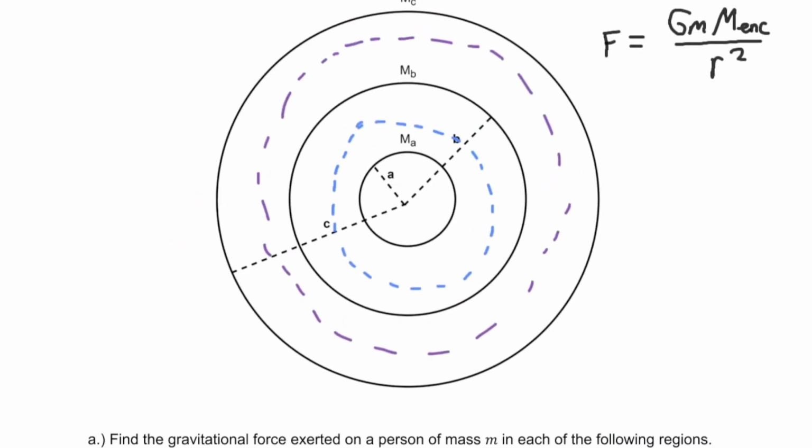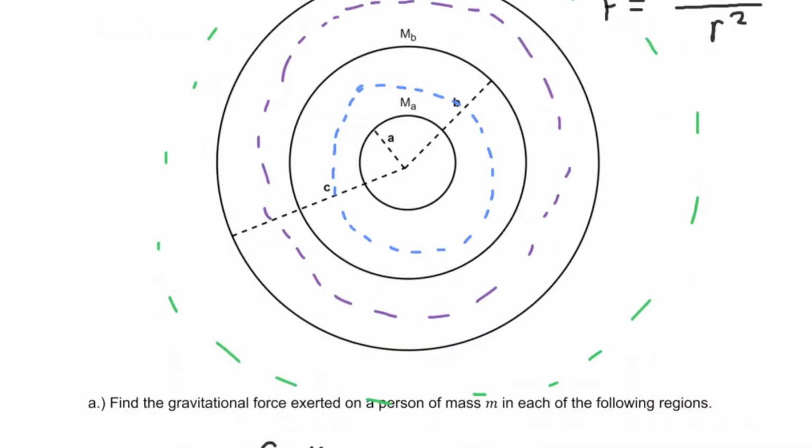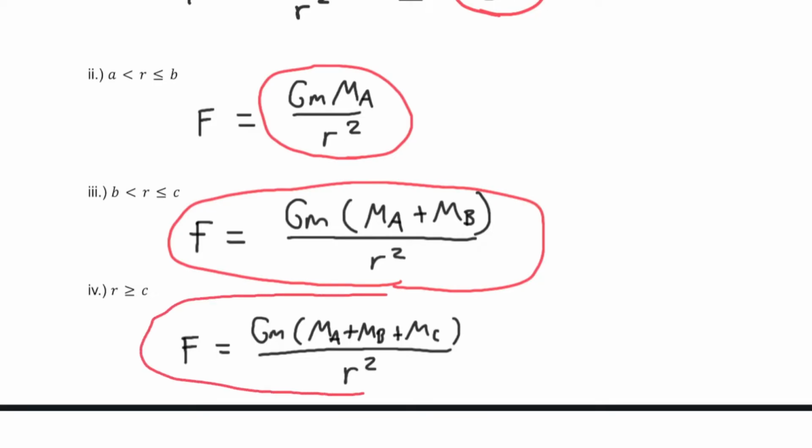And then lastly, if I go all the way out, well, I'm just enclosing everything now. So I just enclose all the mass. So F is equal to G times all of the mass. Which should make sense, because when you're outside the planet, it is just going to be GM over r squared. So that's just going to decrease then.